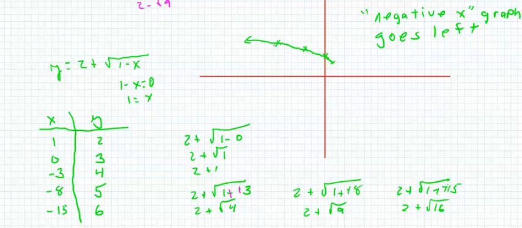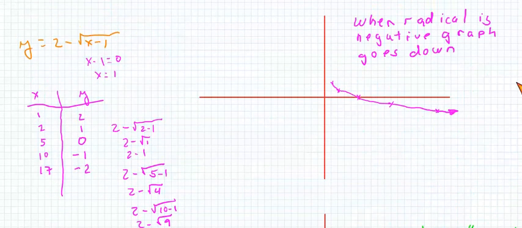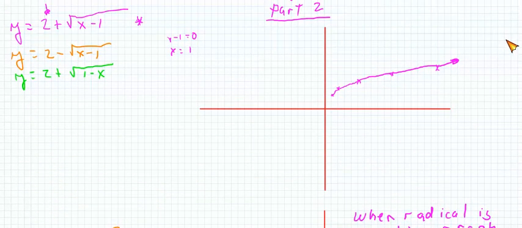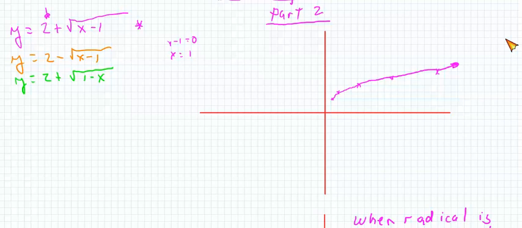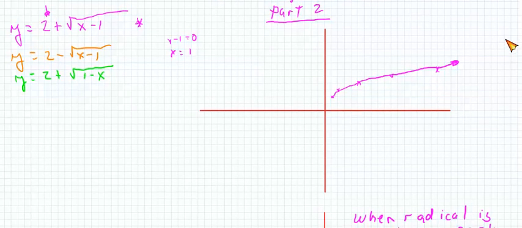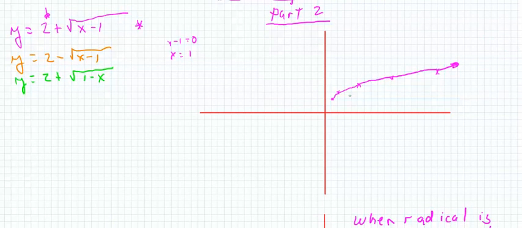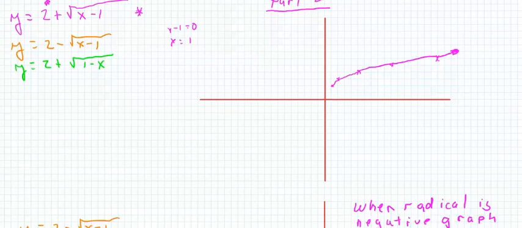Over 9, up 3. Over 16, up 4. So all our graphs, just like with quadratics, have the same shape, just a different starting point, and they either go up, down, left, or actually they can do both.